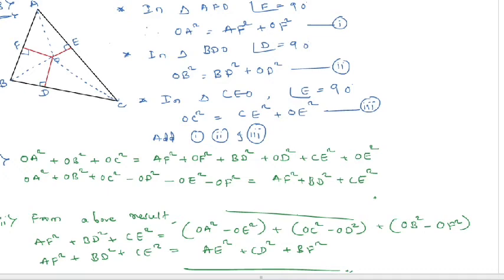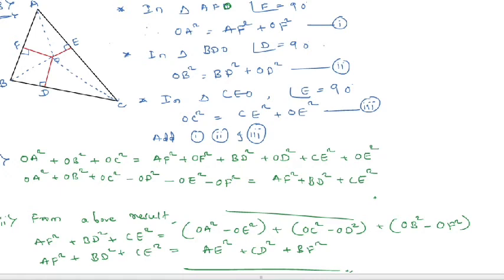So, consider the triangle AFO. Angle F is equal to 90 degree.